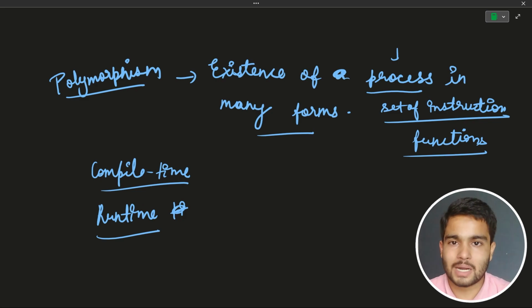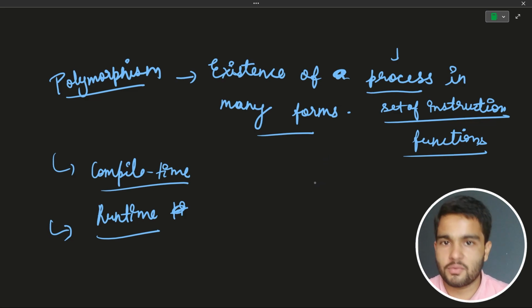Functions for which it can be figured out at compile time which function would be executed, that type of polymorphism is considered compile time polymorphism. Runtime polymorphism and compile time polymorphism can be achieved with different things, and I will tell you that also. When which function would be executed is decided at runtime, that is considered runtime polymorphism.